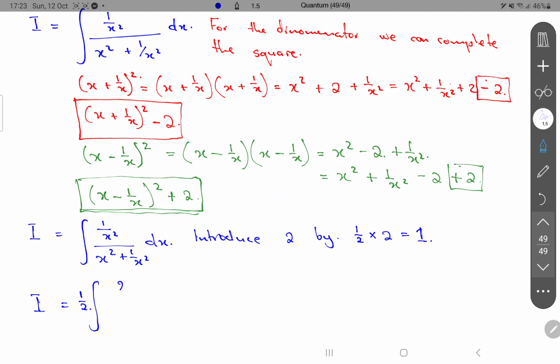Then I will say 2 over x squared all over x squared plus 1 over x squared dx, which can be separated. But you should know that 2 over x squared can also be written as 1 over x squared plus 1 over x squared. We can represent it like that.